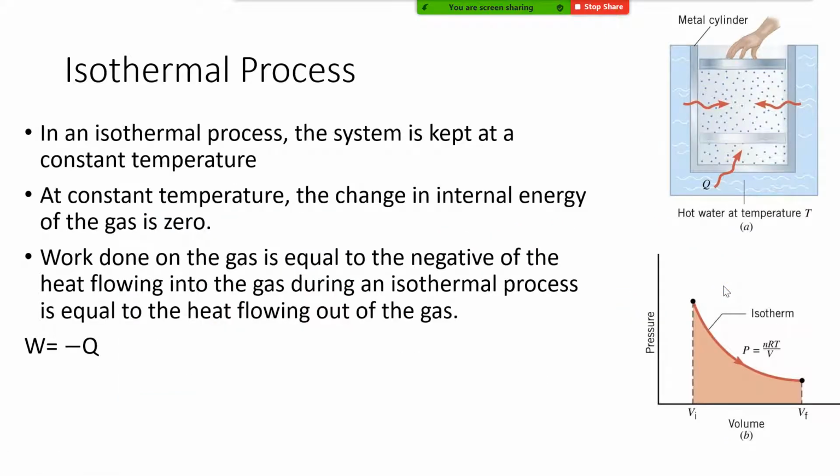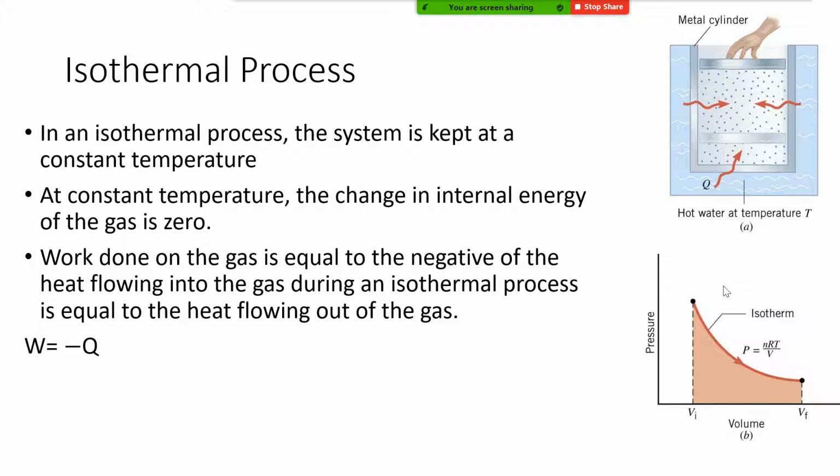All right, the isothermal process now is when we say that the temperature is kept constant, right? So when the temperature is kept constant, it means that there's no change in the internal energy.